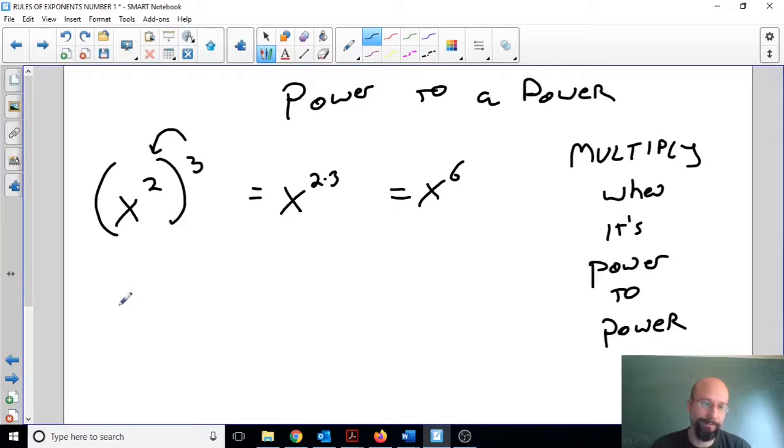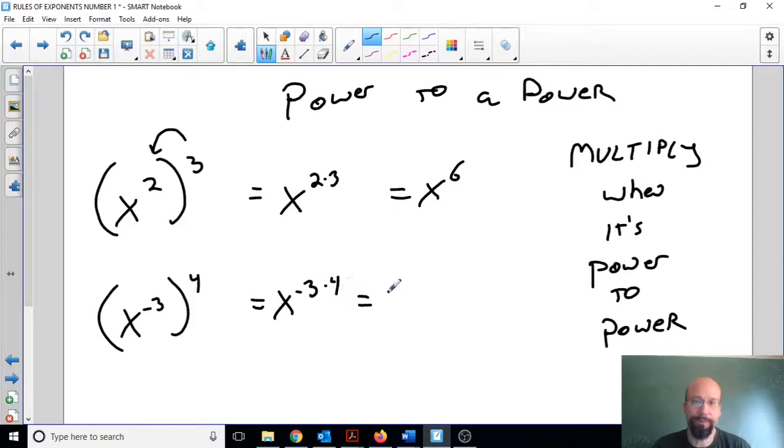All right, another one. x^-3 to the power of 4. You're multiplying, so it's going to be x^(-3 times 4), which equals x^-12. But it can't be negative, so you have to move it underneath. 1 over x^12.